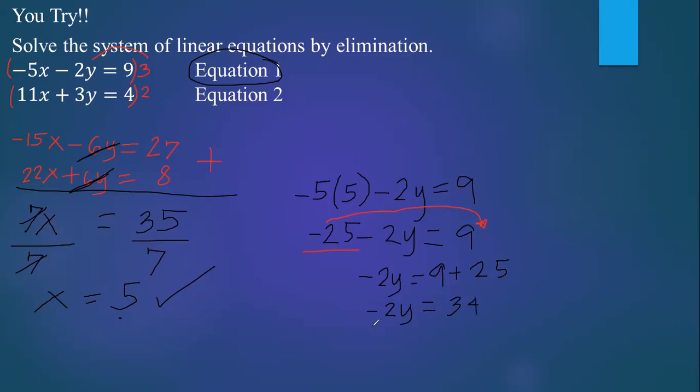So you now divide by negative 2, and divide also the right-hand side by negative 2, so that we can cancel out negative 2 and negative 2. So therefore, you now have y equals negative 17.